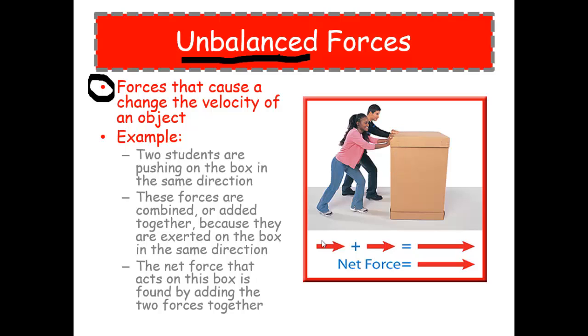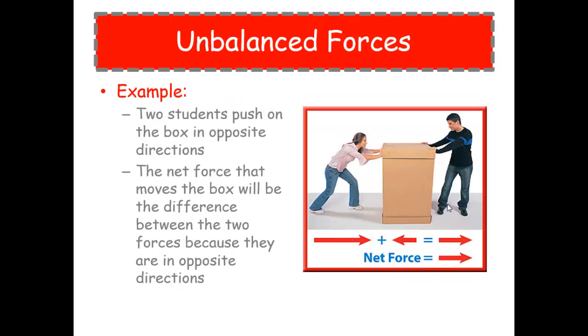Notice the arrows, one going this way, one going this way. You add them together, and the net force is in an overall direction this way. So you're going to have overall movement. They're going to cause that box to move in this direction.